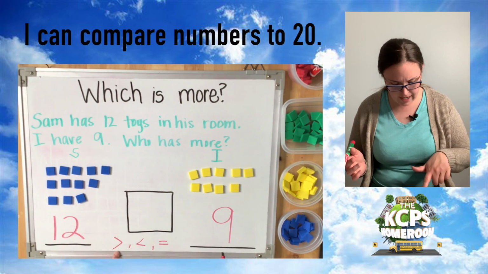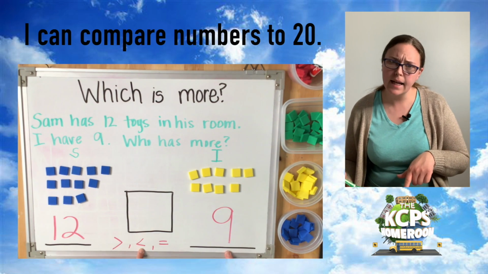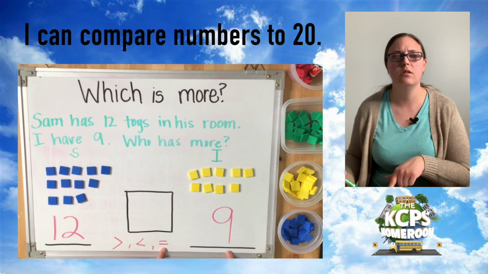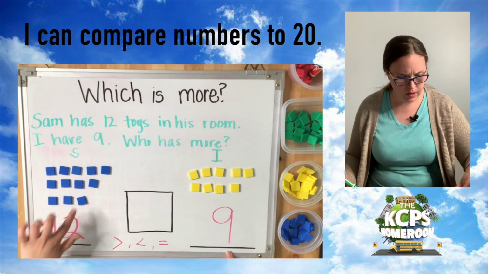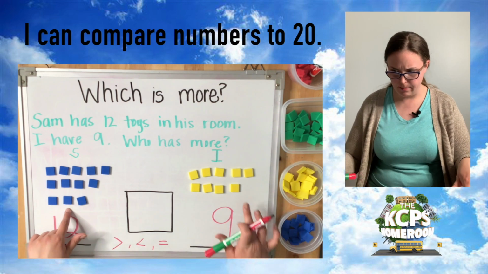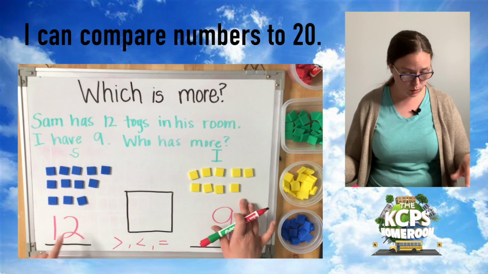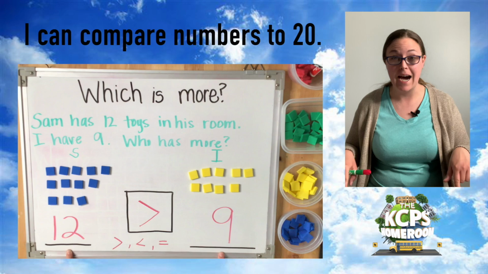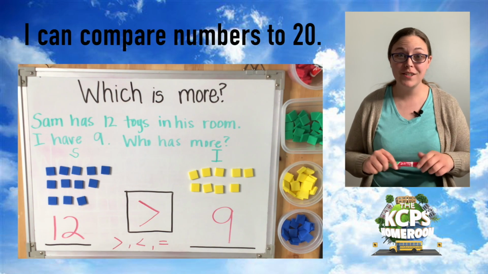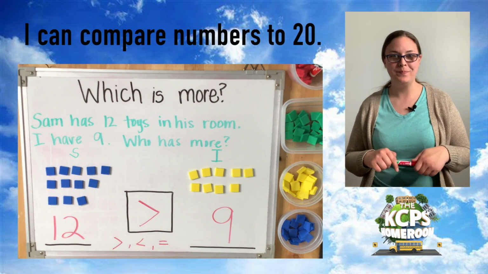Is 12 greater than 9, is 12 less than 9, or is 12 equal to 9? Well, 12 is definitely bigger than 9. The group of 12 toys is bigger than the group of 9 toys, so 12 must be greater than 9. Great job, friends! I'm going to erase my board so we can get started with problem 2.